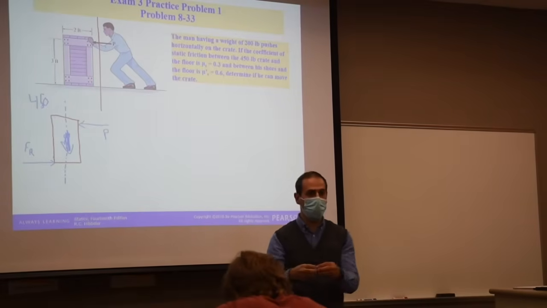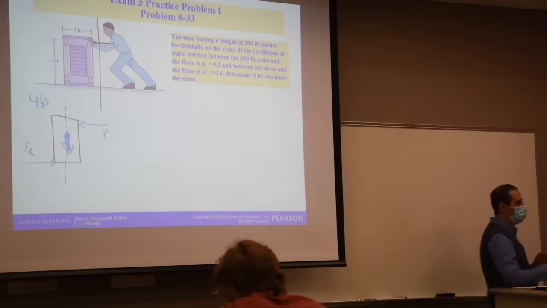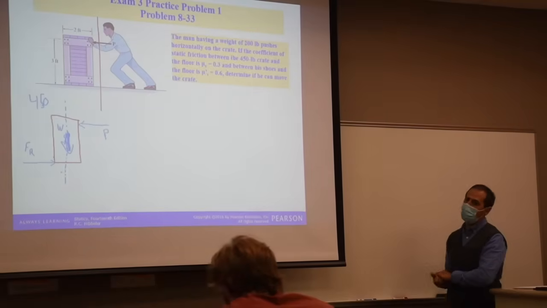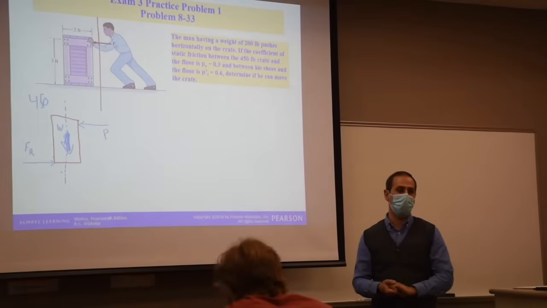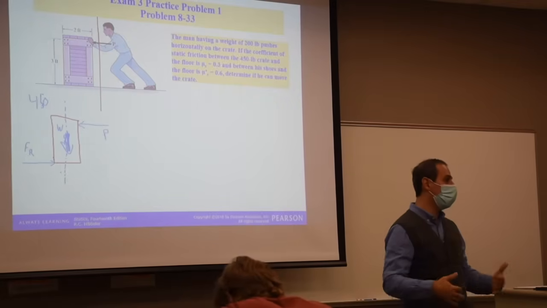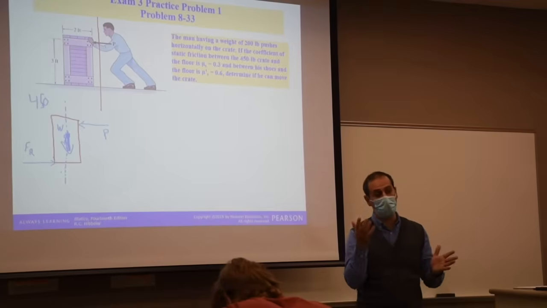The centroid of the box is in the middle, so it should be there, right? So that's W. Now, the only thing left to add to this free body diagram is the normal force that is acting because of the ground, because it's going to prevent movement down, correct? So that's the normal force.